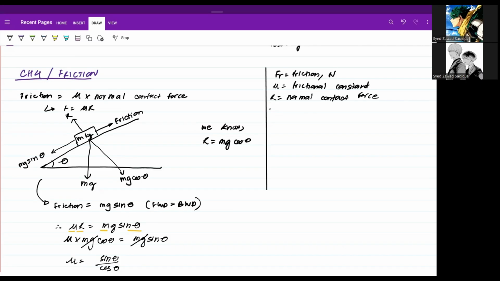Theta is the angle of slope, in degrees.